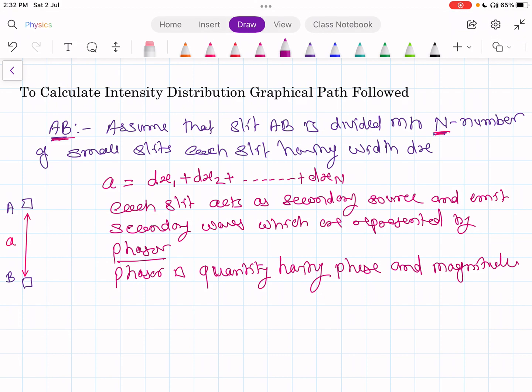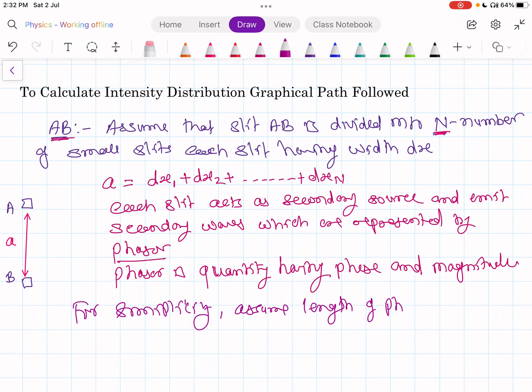So for simplicity, we are assuming that the length of the phasor, that is its magnitude, is delta E, coming out from each slit.